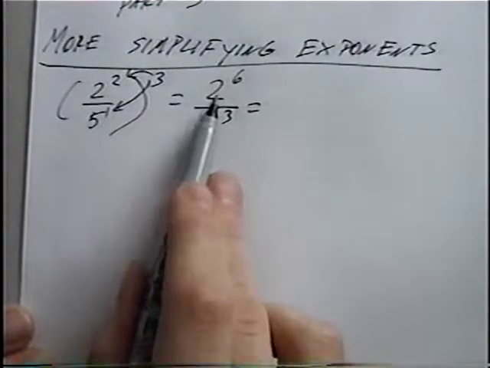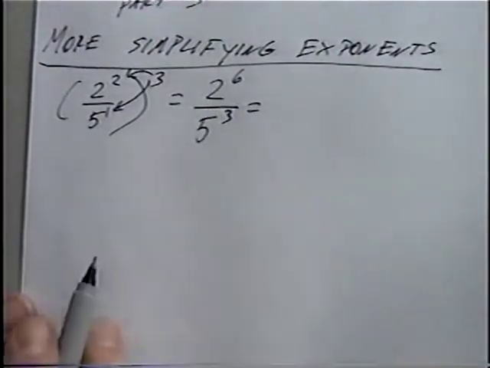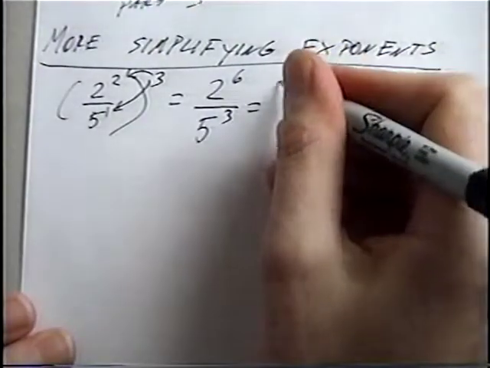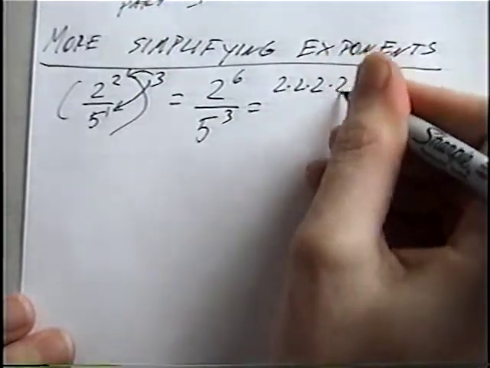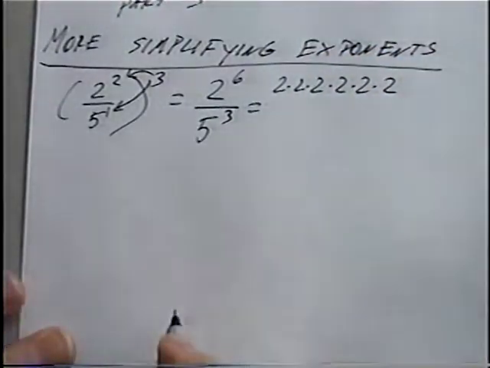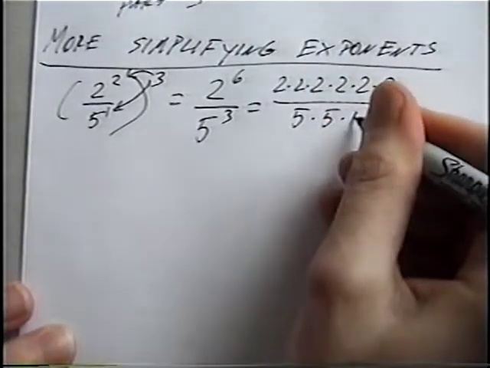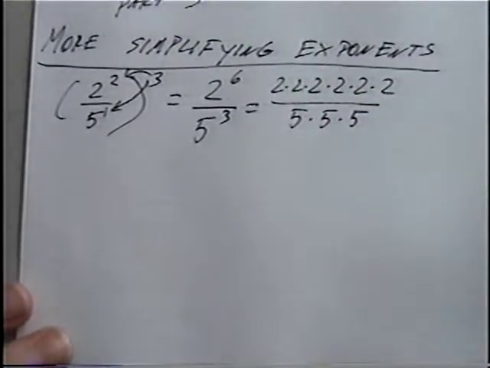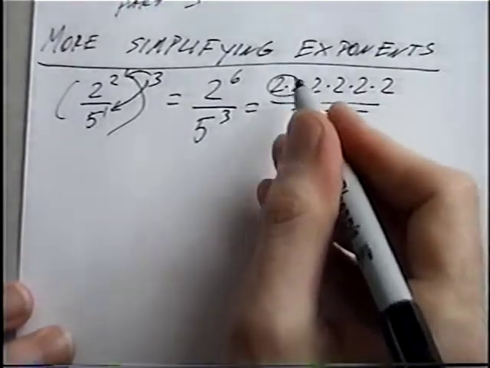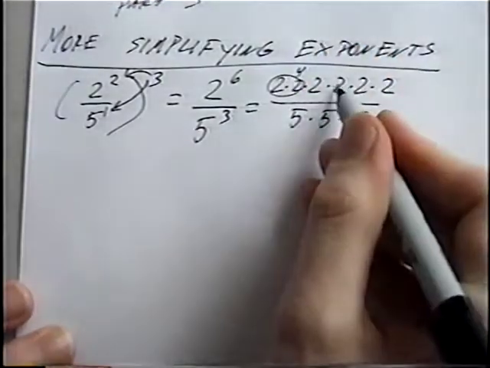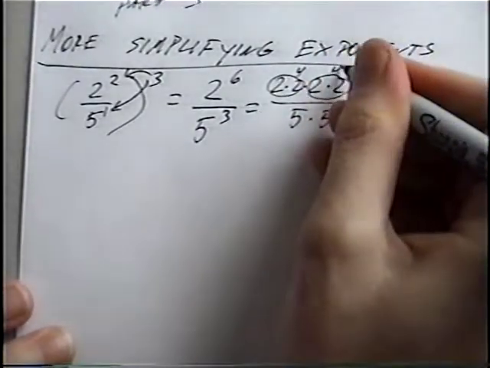Simplifying, we just need to multiply the numbers out. 2 to the 6th power is 2 times itself 6 times. And 5 to the third power is 5 times itself 3 times. 2 times 2 would be 4. 2 times 2 again would be 4.